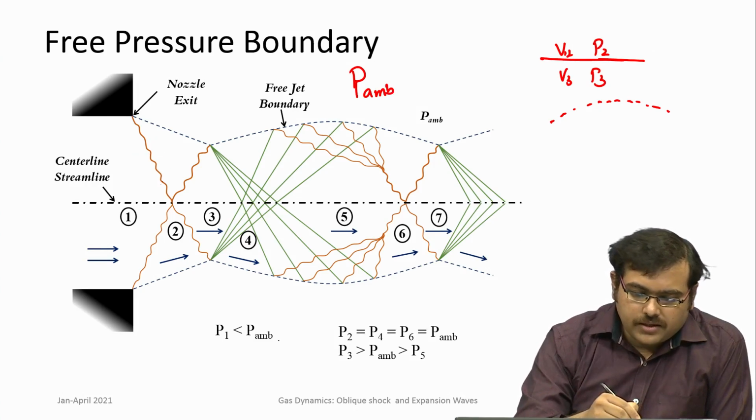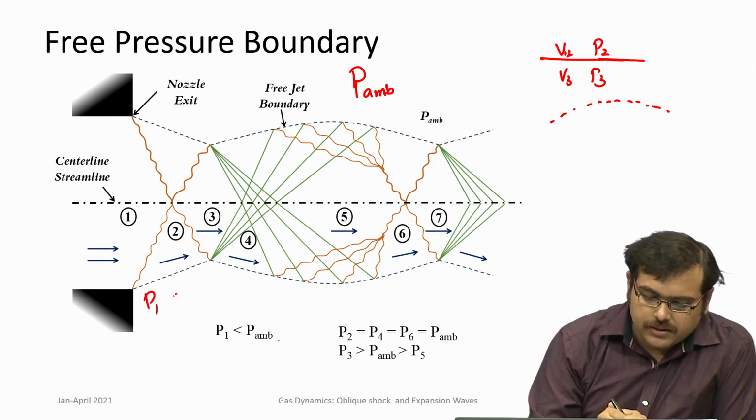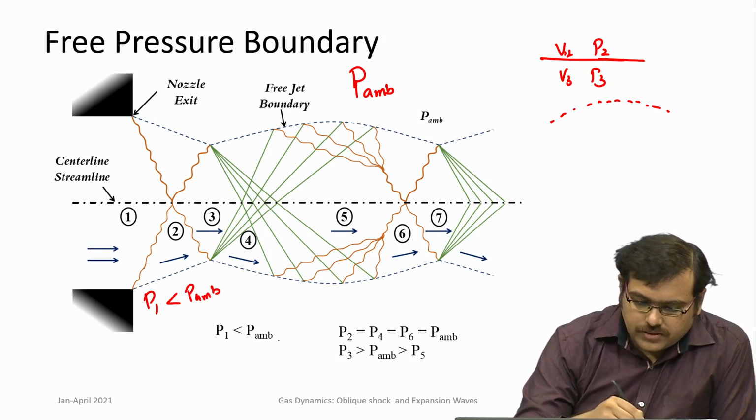So, for example, here you have shock waves. Shock waves are compressive in nature, they can increase pressure. So, P1 here in this case can be quite low compared to ambient pressure, P1 can be less than ambient pressure. As a consequence a shock wave is formed, so that at the boundary the pressure is maintained constant.